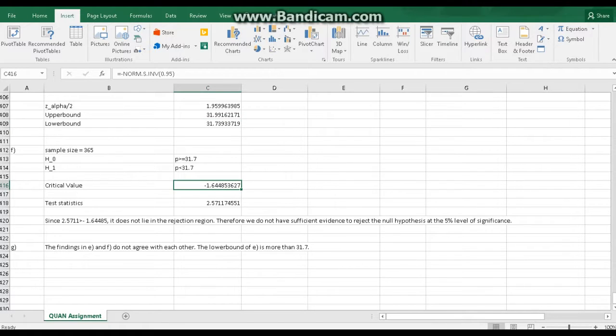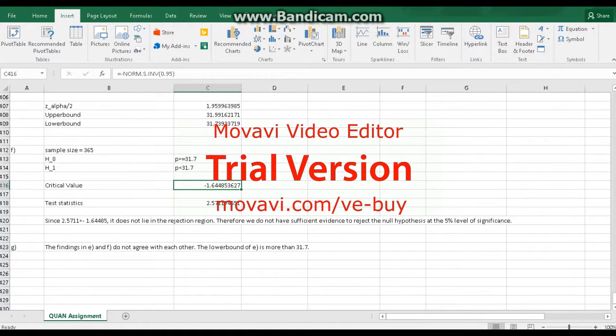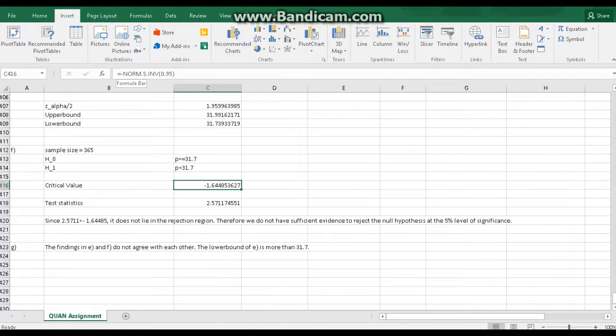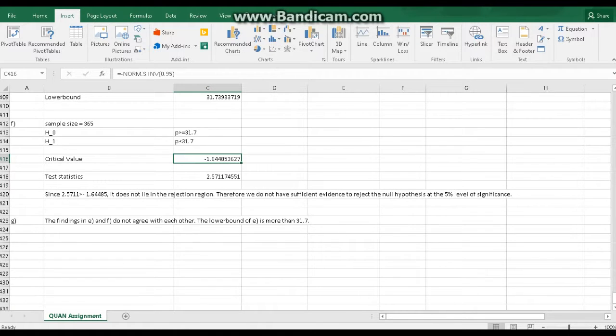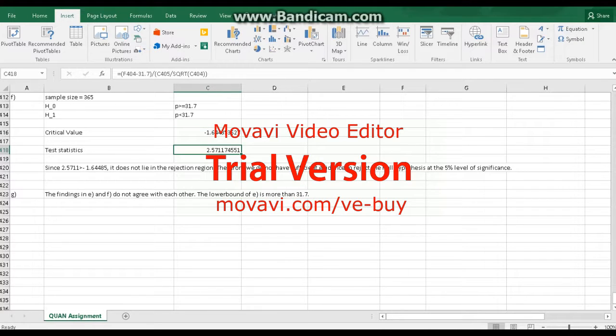To calculate the critical value, I use equals minus NORM.S.INV, since this is a one-tailed, left-tail test, it should be negative. I use 100% minus 5%, which gives me 95%, so 0.95. It gave me the critical value of minus 1.644.